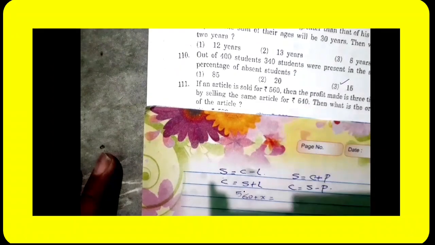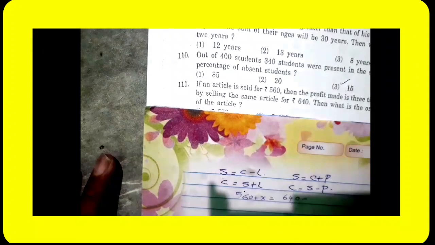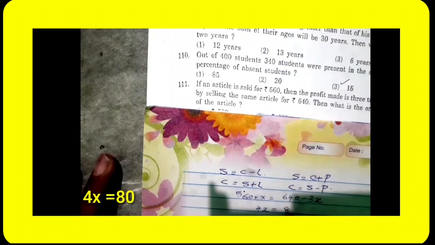Then if we sold 640, then 3 times minus, here is 1 plus, that is 4 times. 560 minus 640 minus is 80.